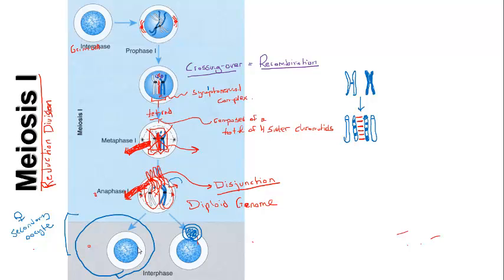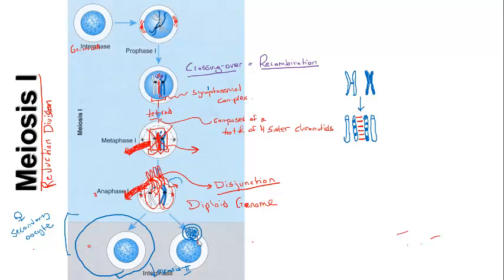The secondary oocyte will proceed to meiosis II, just like the two secondary spermatocytes will. But in this case, you only have one secondary oocyte in the female that is able to proceed to meiosis II. And eventually that cell will be the one that gives rise to the egg.